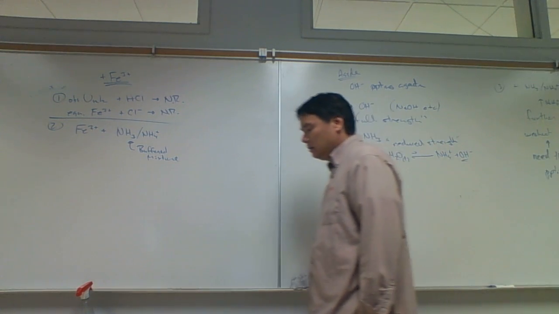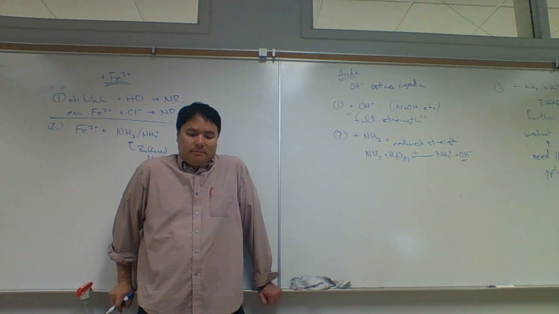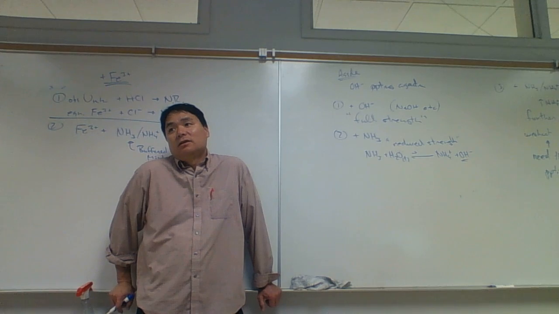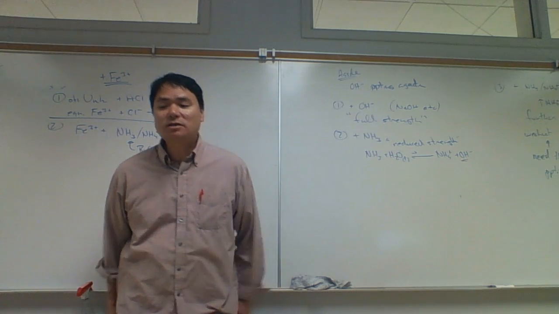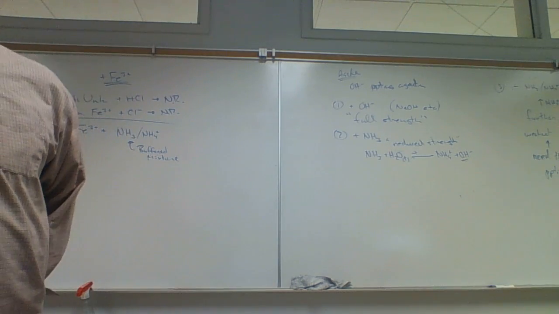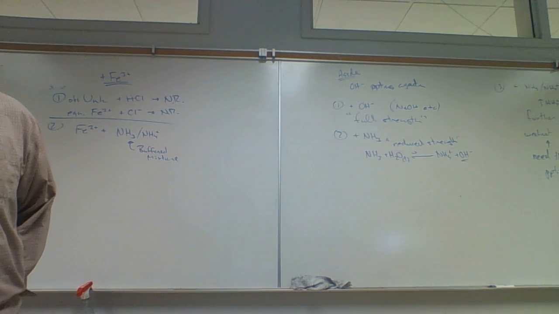Like magnesium, we don't want to precipitate out magnesium hydroxide. And so to prevent precipitation, we keep the hydroxide concentration so low it doesn't precipitate. Magnesium requires more hydroxide because it is more soluble. Why would the 2+ be more soluble than the 3+?